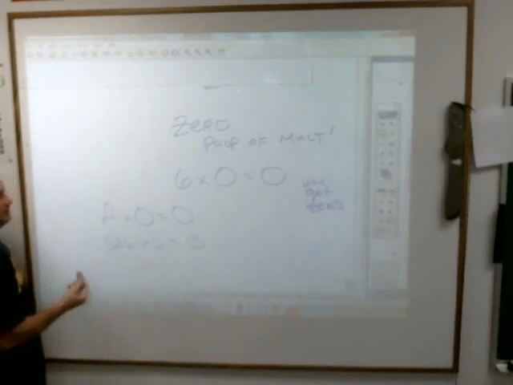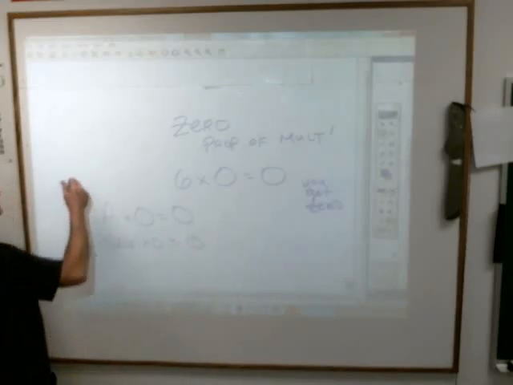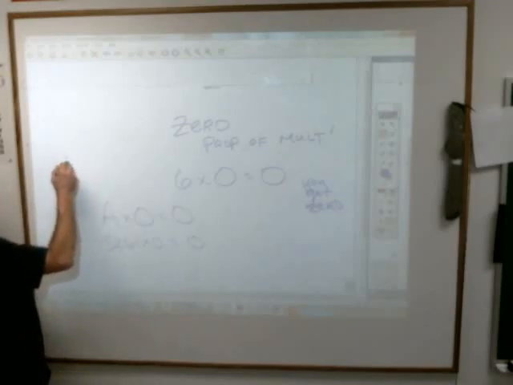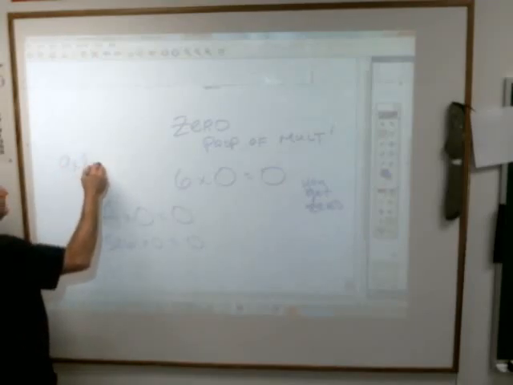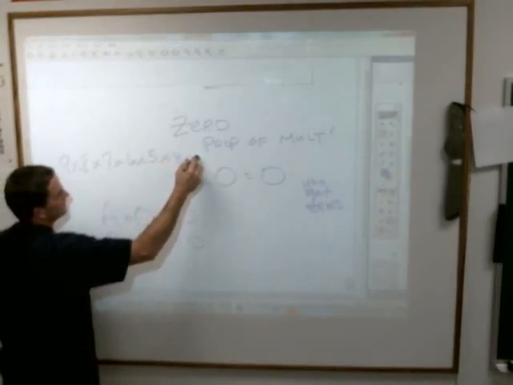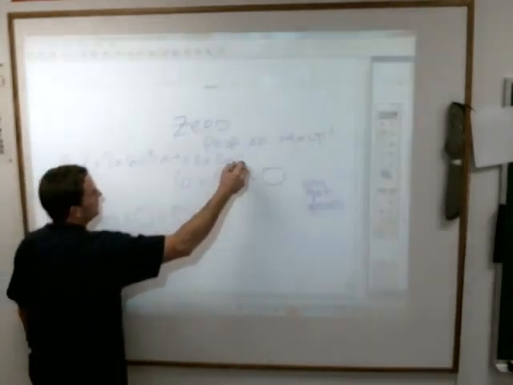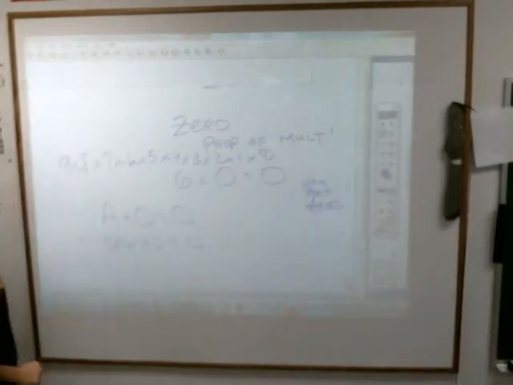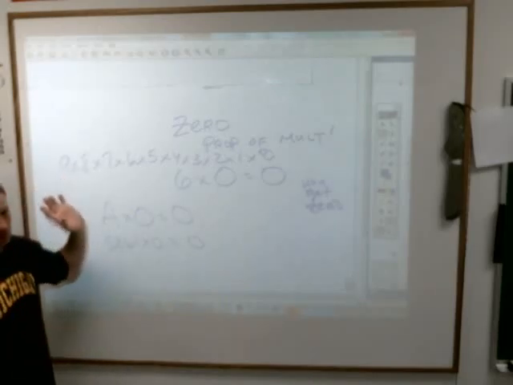And the book sometimes likes to trick you in this. They'll say, let's have them multiply 9 times 8 times 7 times 6 times 5 times 4 times 3 times 2 times 1 times 0. And you look at that and you go, oh, I don't want to multiply all this together. So you start multiplying 9 times 8, multiply by 7.